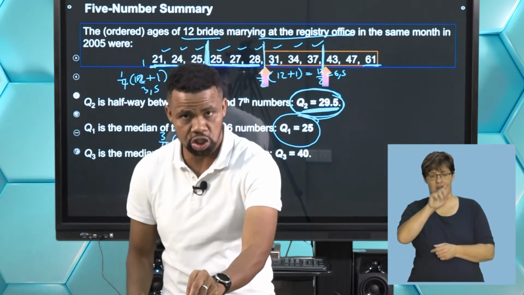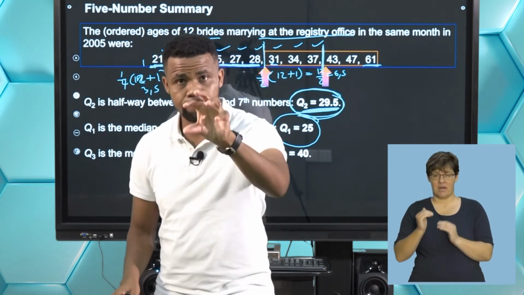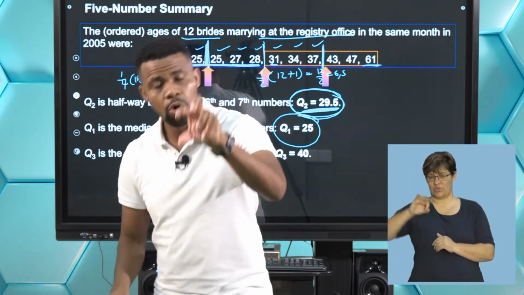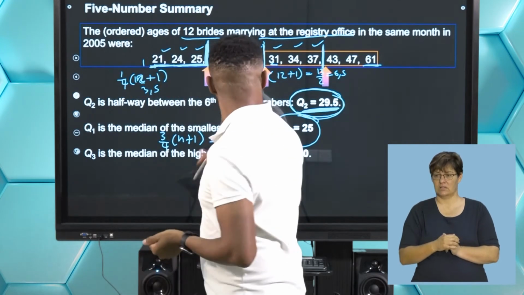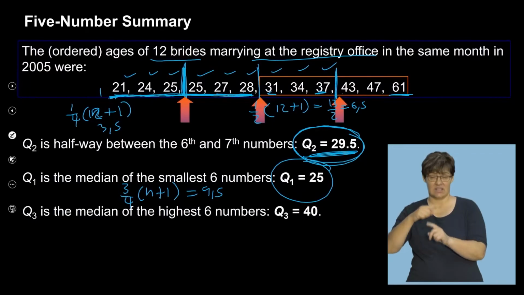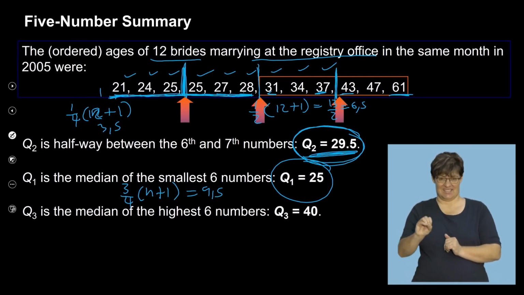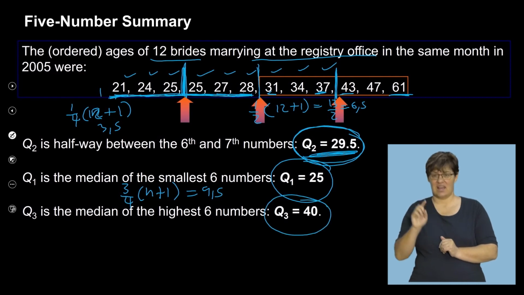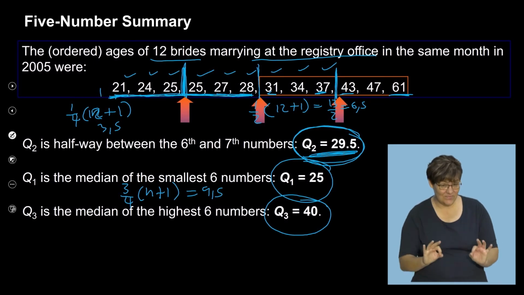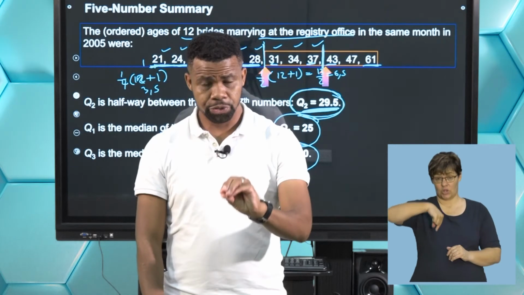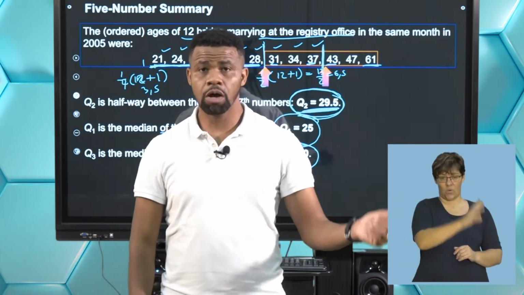Go to position 9.5 and find the upper quartile, or Q3. Then it's 37 plus 43 divided by 2. That will give us 40, which is our upper quartile. Okay. Are we fine? So Q1, Q2, Q3, those are our quartiles.